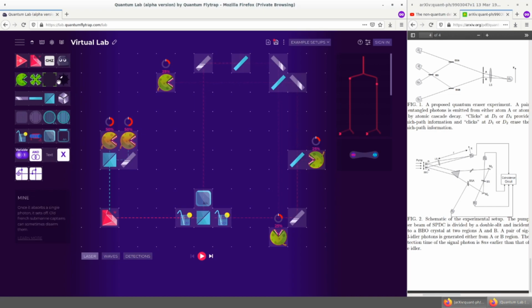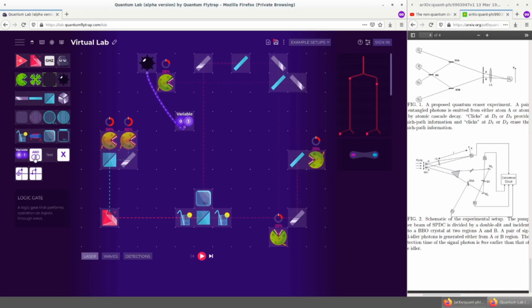Now there's not really a coincidence circuit in this virtual lab, but there is a way to do it, or at least the way that I found that I can do it is I can use a bomb. And the thing about bombs is that you can control whether or not they absorb photons or not. So this detonates if a photon hits it, but I can set this absorption to 0 so the photon goes straight through it instead. And additionally, if you hook a bomb up to a wire, whether or not the wire is powered or not can control the absorption of the bomb.